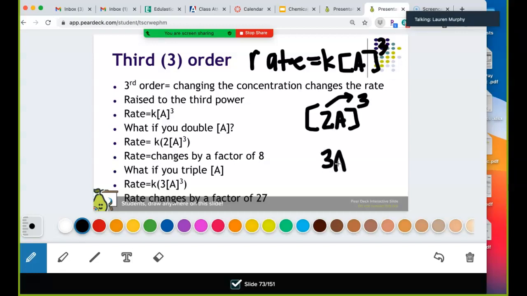If a reactant is third order and you triple its concentration, your rate's going to change by a factor of 27. So these are the only orders that we will do: 0, 1, 2, and 3. Okay?